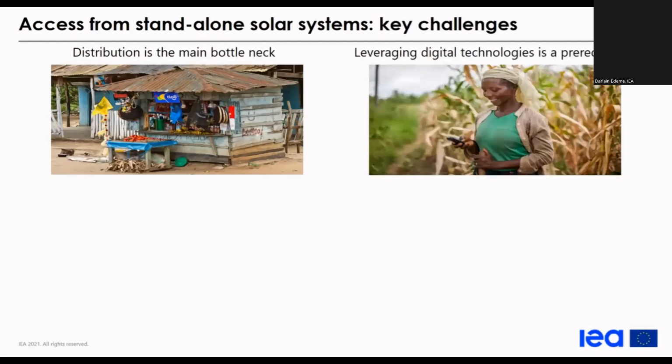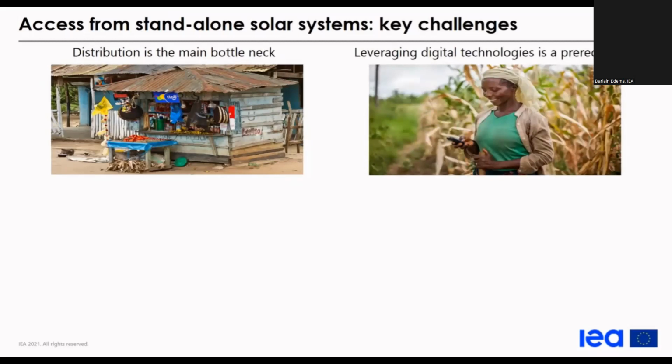Then it's increasingly relying on digital technologies, because such products that might have a high upfront cost are usually sold under pay-as-you-go business models, where the customer would be able to pay day after day small installments before becoming fully owner of his TV or solar home system after 1 year or 2 years.